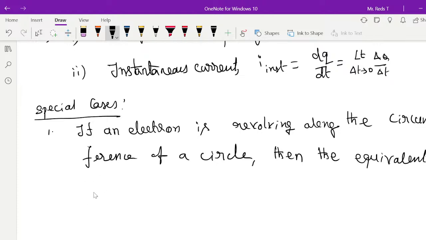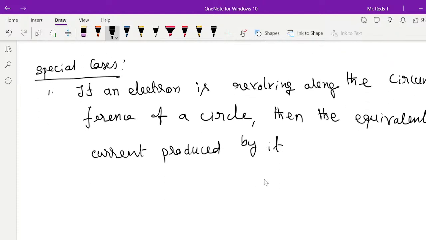We'll see. Equivalent current produced by it means, if we consider a circular path or orbit, and he is moving in this circular path, as the electron is a negative charge, the opposite direction will be taken as the current direction. Then equivalent current means during a time of one time period. That is what you have to consider.